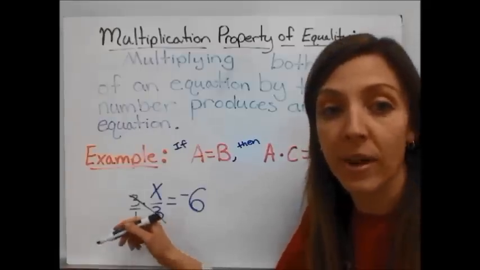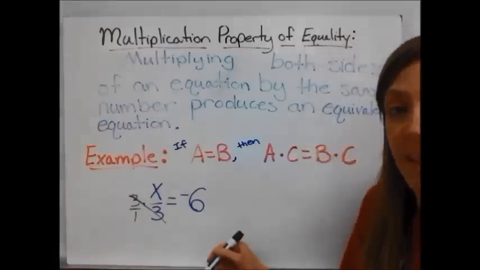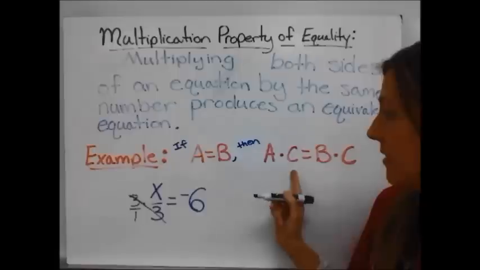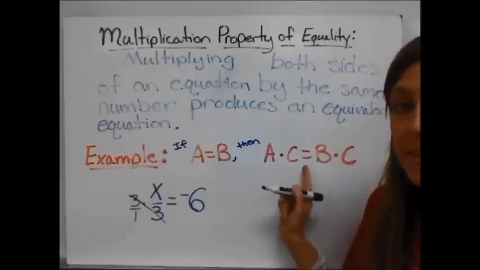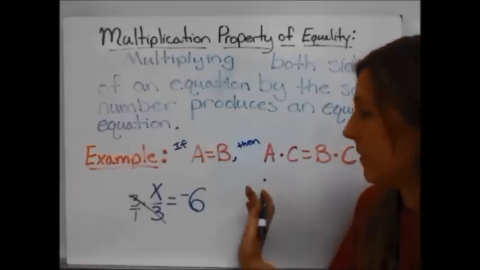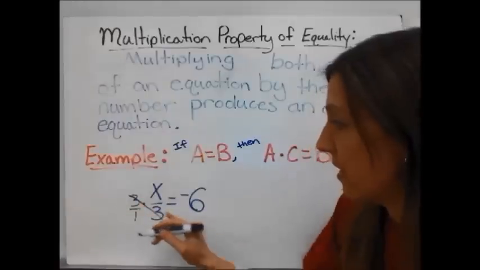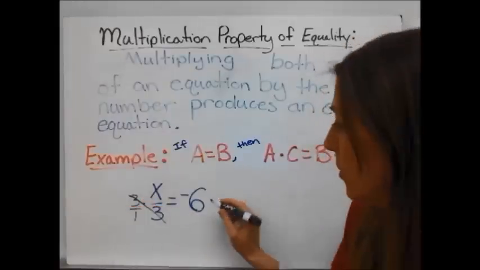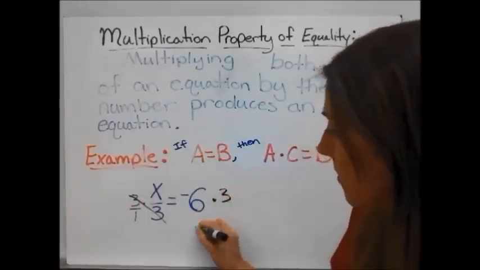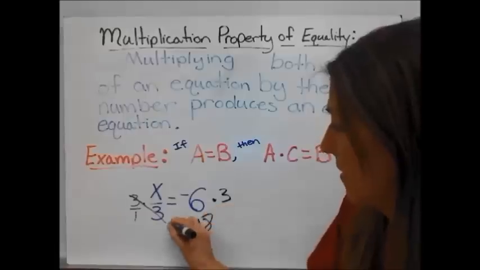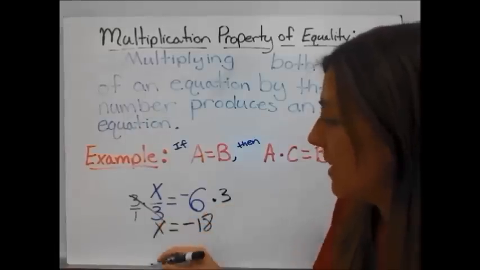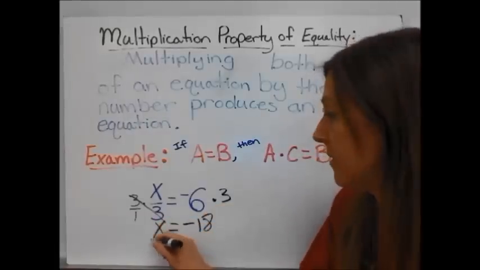Now, keep in mind, whatever I do to this side, I have to do to this side to keep it equal. Just like this says, A times C equals B times C, if they're equivalent. So since I multiplied the left side by 3, I have to multiply the right side by 3. And I get negative 18. So x equals negative 18.